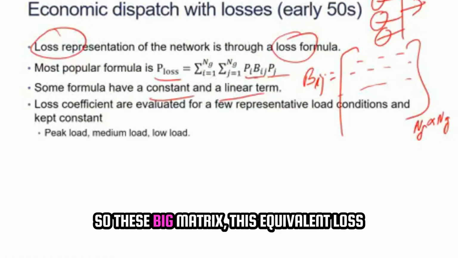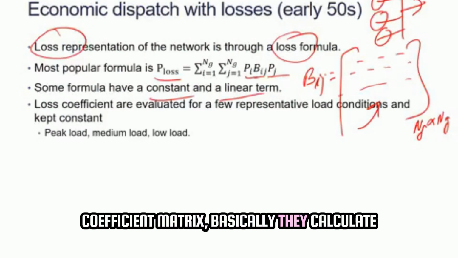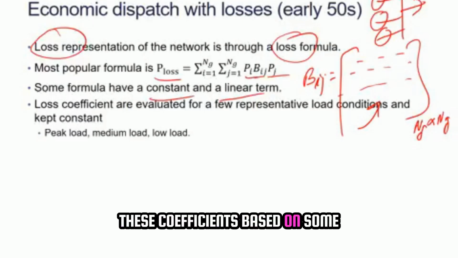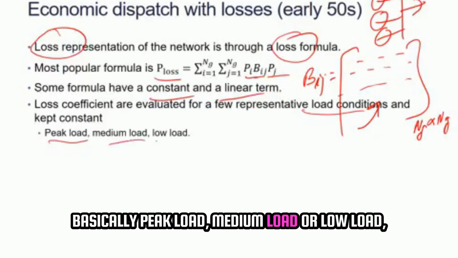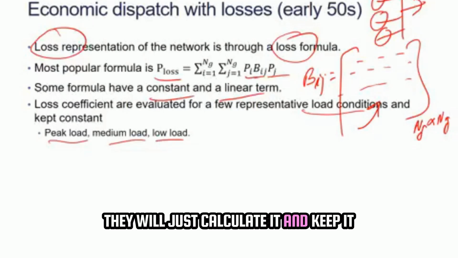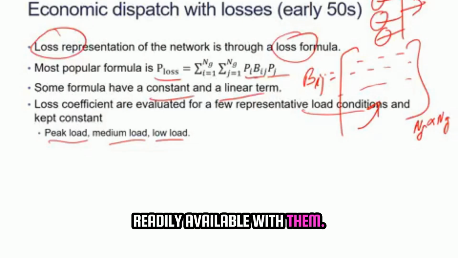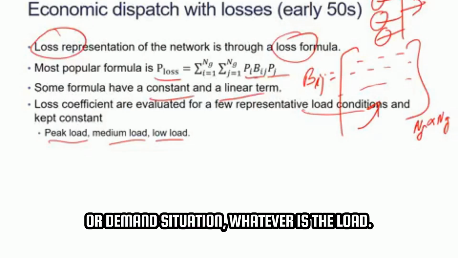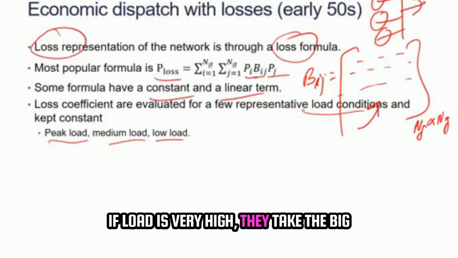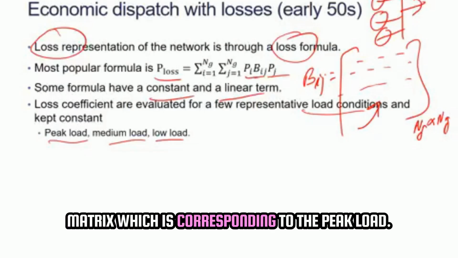So this Bij matrix, this equivalent loss coefficient matrix, they calculate these coefficients based on some representative load conditions, which are basically peak load, medium load or low load. They calculate it and keep it readily available. Depending on the network or demand situation, if the load is very high, they take the Bij matrix corresponding to the peak load.